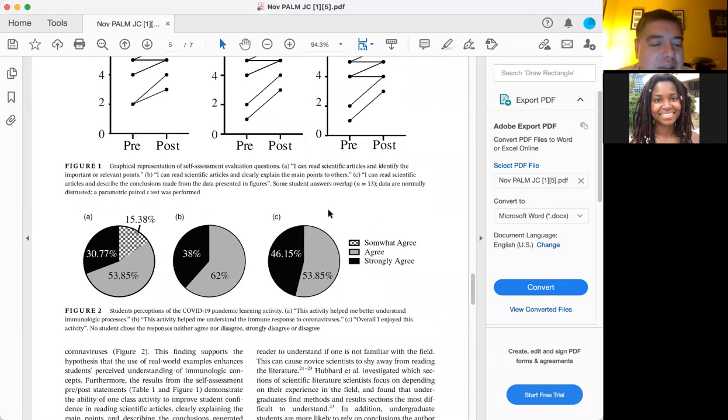What you have here is mostly self-assessment, and there's something to be said about self-assessment in terms of what it can tell you and what it cannot tell you.